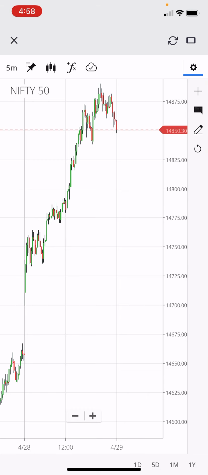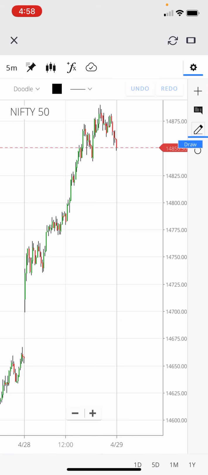Examples like today, we can see that the market is trending on the upside, and right from the beginning it started increasing, and it faced a resistance around this area, and from this area it fell down, and later on the market tried to break that area, and finally it broke with this green candle.